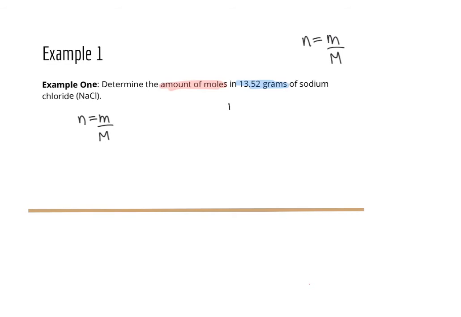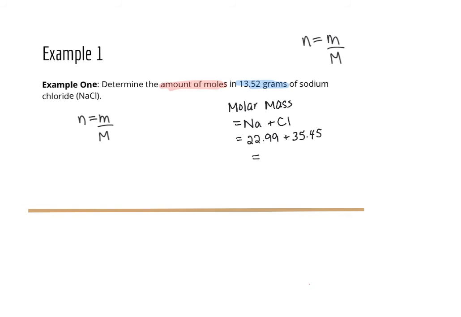Well, let's find our molar mass of our sodium chloride. Remember, we have to add sodium and we have to add chlorine. So our sodium is 22.99 plus 35.45.